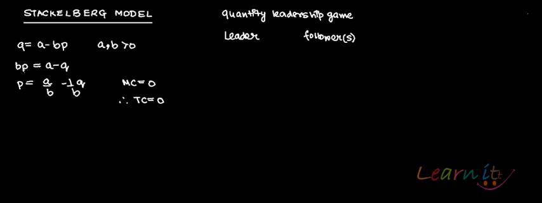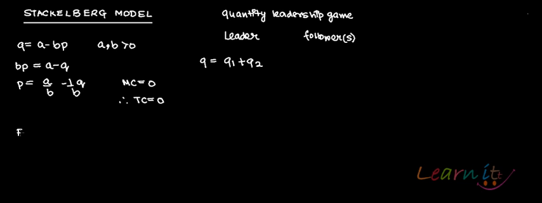So you can write BP equals A minus Q, or P equals A by B minus 1 by B Q. Remember that Q is equal to Q1 plus Q2. Now for simplicity, suppose marginal costs are 0 and therefore total costs are also 0.